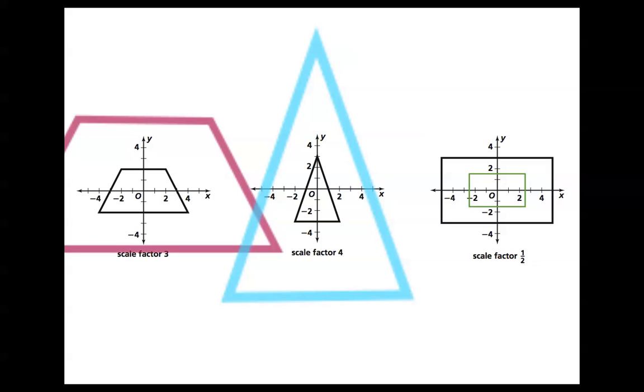And what just happened really quickly on the screen was a little note telling you that when the scale factor is a fraction like that, it's going to be a reduction, not an enlargement, which kind of makes sense because a scale factor of 1/2 means it's half as big, which means it's going to be smaller.